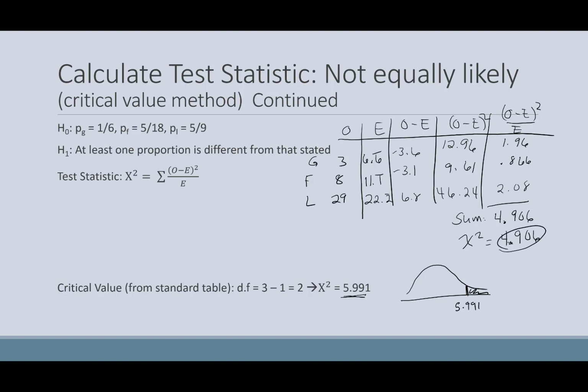My test statistic was 4.9, so I ended up falling in the non-rejection region, which means I do not have evidence to reject this claim. So I don't have enough evidence to say that the dice are weighted.